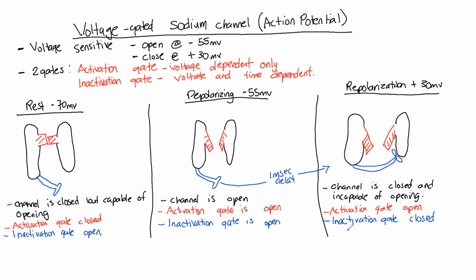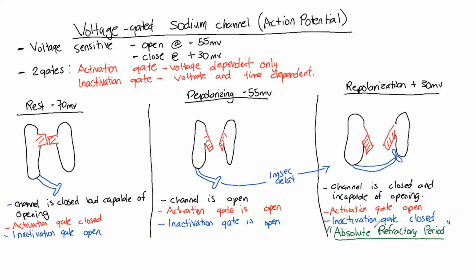Because this inactivation gate is closed, it's not physically possible to fire another action potential. So until the membrane potential returns to -70, we cannot fire another action potential, and that's what's meant by the absolute refractory period.